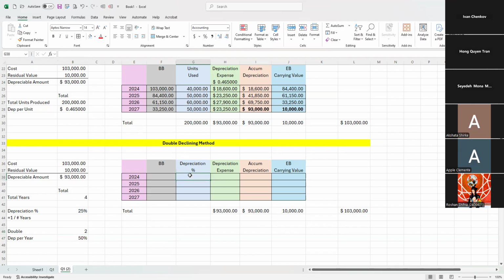So that will be our depreciation percentage, 50% here. And let's lock this cell because it's going to stay the same. 50% per year.